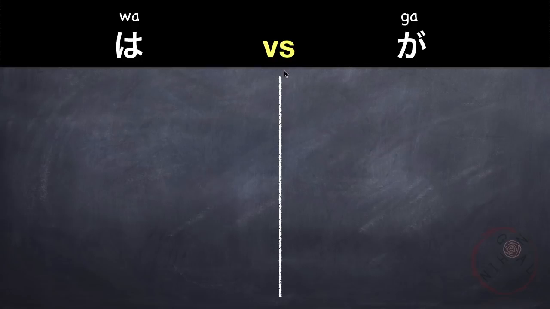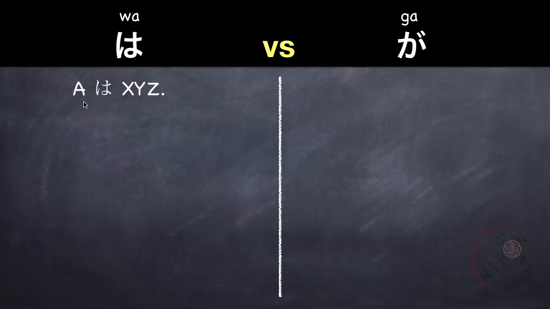So they are both used as a topic or subject marker in the sentence. But when do we use wa and when do we use ga? So let's take a look at this. A wa XYZ. A is the topic or what the sentence is talking about. So like I said, both the speaker and the listener are familiar with the topic.